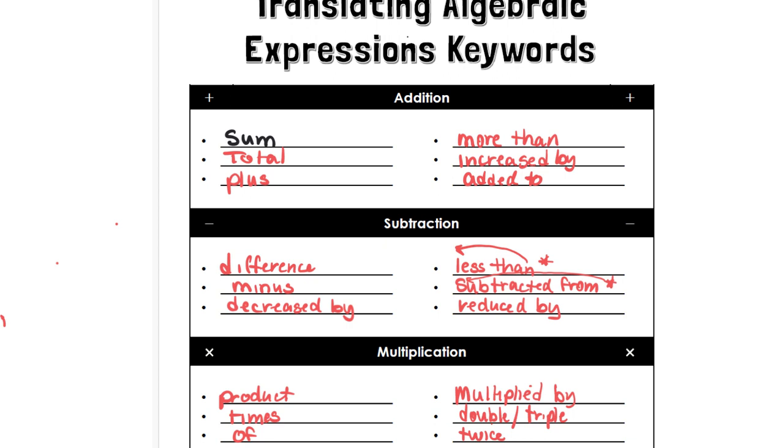The words for division are quotient, divided by, separate, half or third, the ratio of, and broken into.